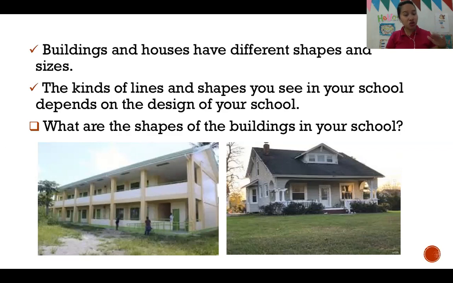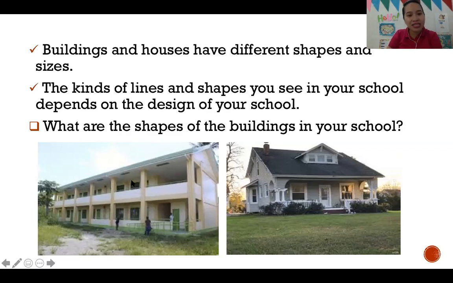There are also short buildings, like just 2-story, okay? Two layers. Some have really taller buildings. And our houses also have different shapes and sizes. We have big houses, medium-sized houses, and small houses too. So, the buildings and houses have different shapes and sizes. And the kinds of lines and shapes you see in your school depend on the design of your school. Okay?